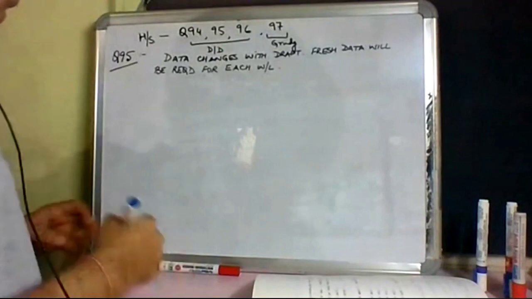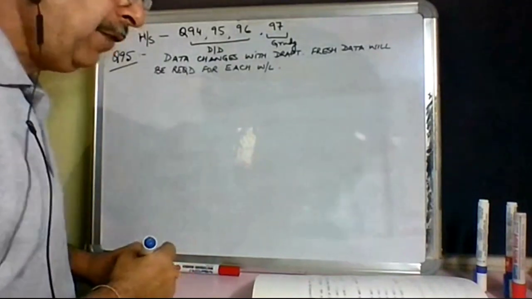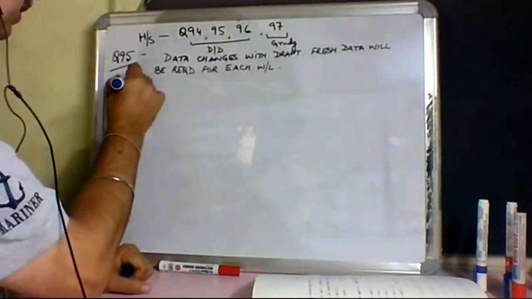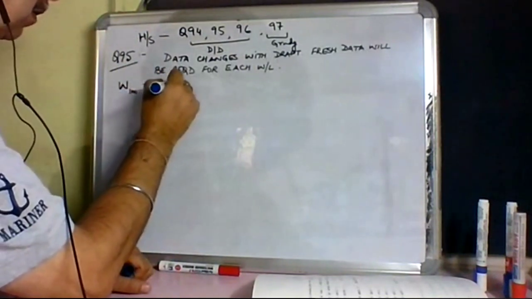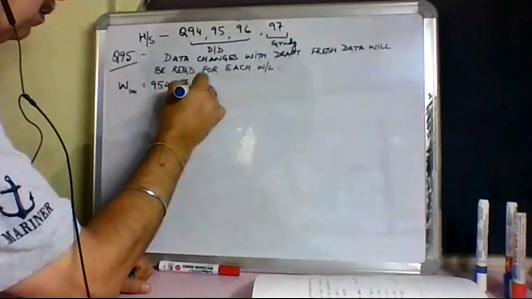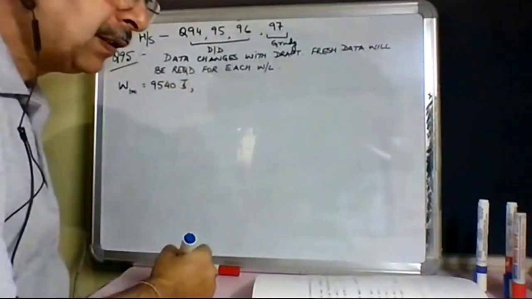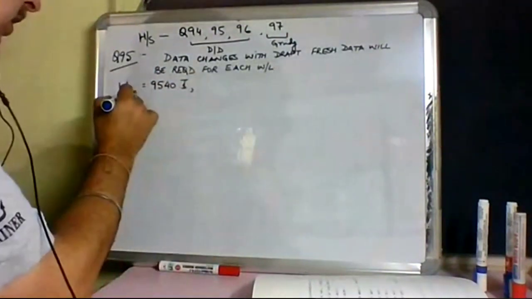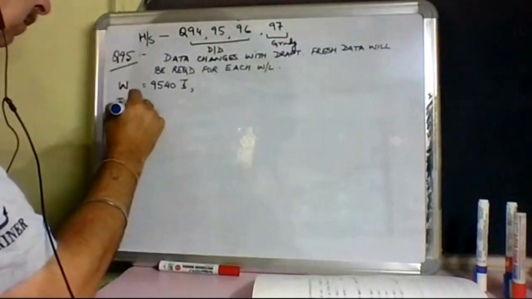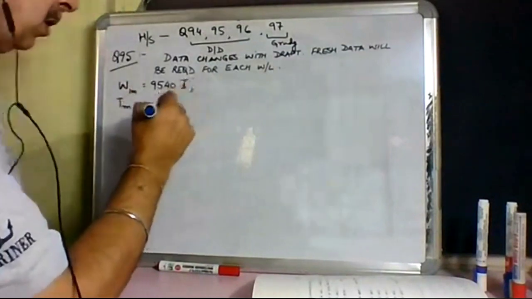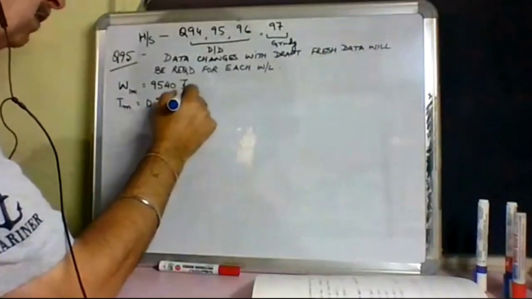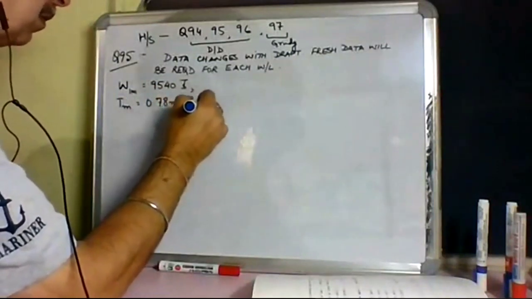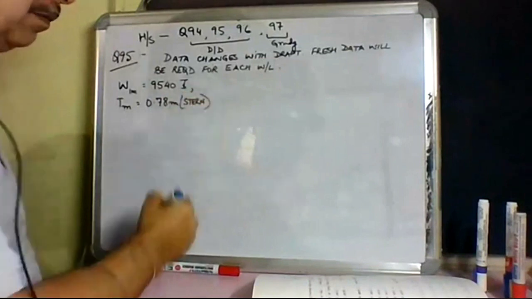So let us start with question number 95. MV Hinship is displacing, so W initial 9540 tons, and she has an initial trim of 0.78 meters by stern.